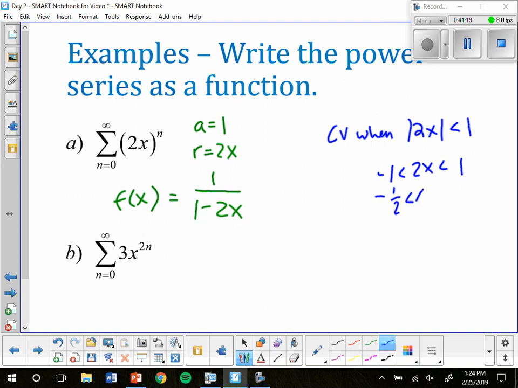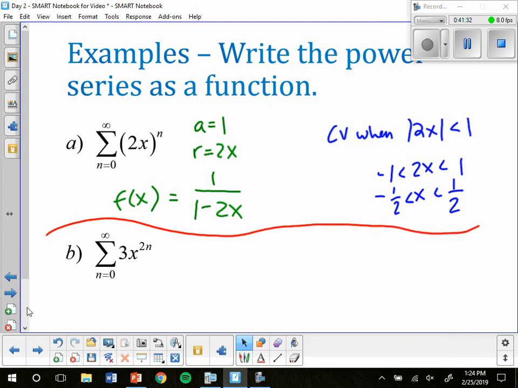So when x is between -1/2 and 1/2. Does that make sense? Yeah.